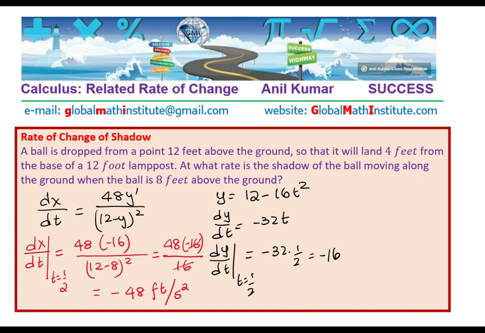Perfect. So that is how we are going to solve this particular question. So the rate of change at the instant when the height y is equal to 8, at time half, we calculated, is negative 48 feet per second square. It means it is decreasing at that rate.